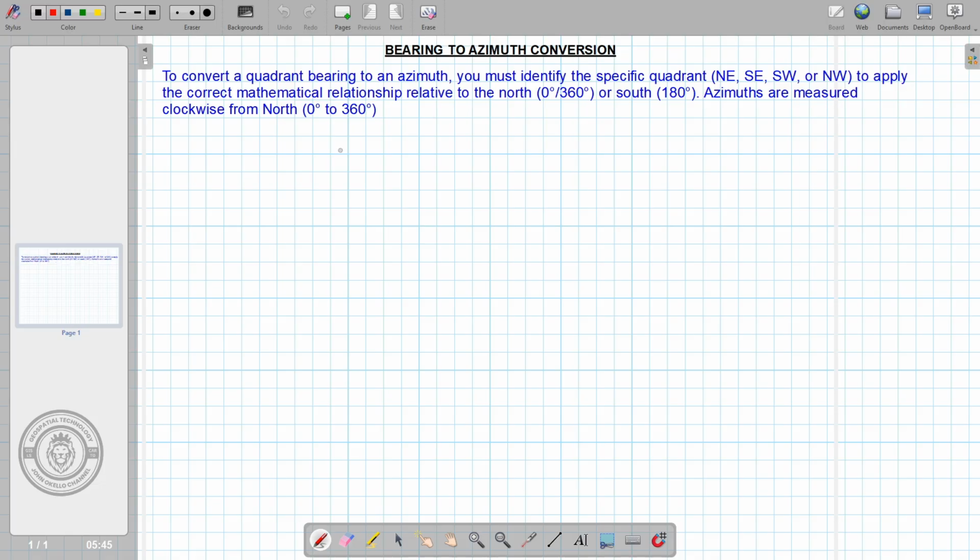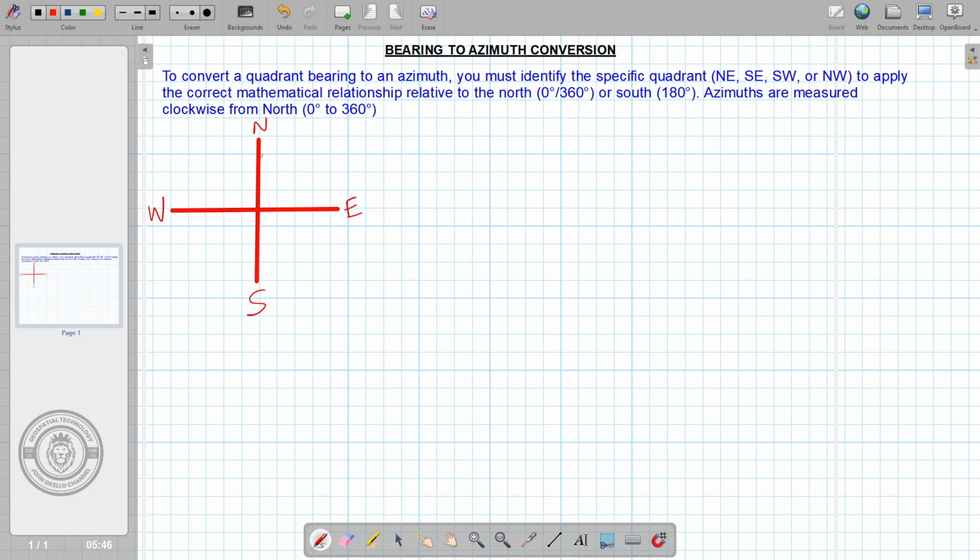So let me draw a compass right here, just a small compass. Up above here we have north, down we have south, on this other end is west, and we have east.